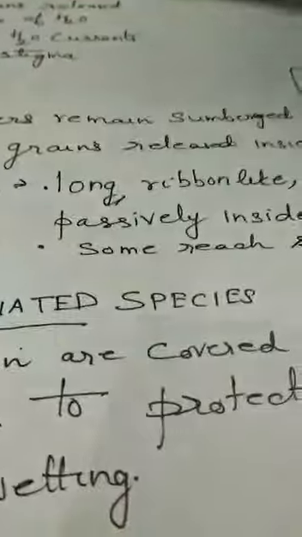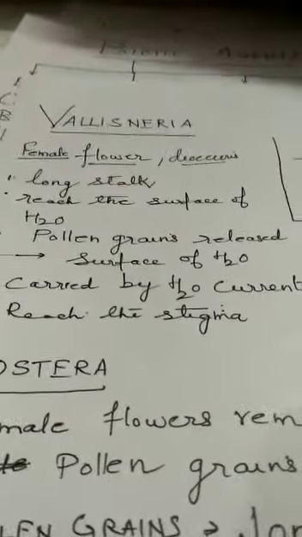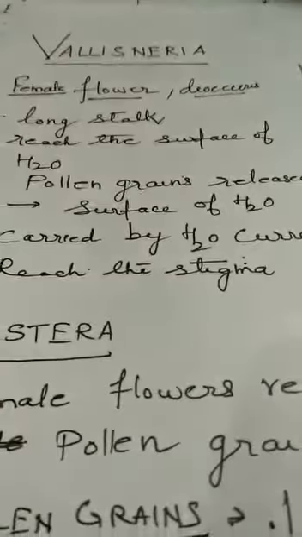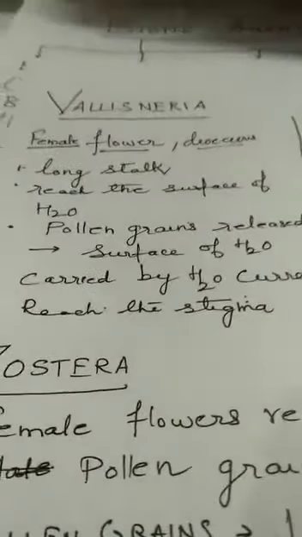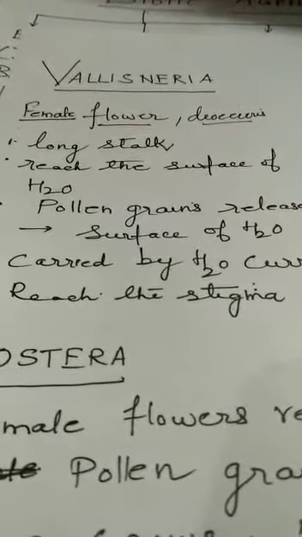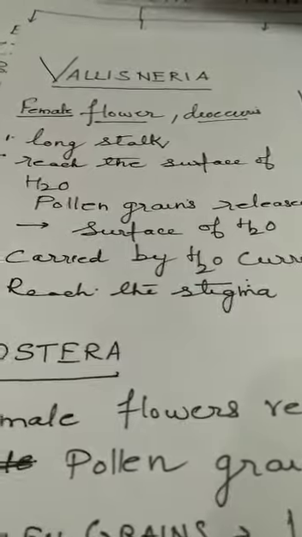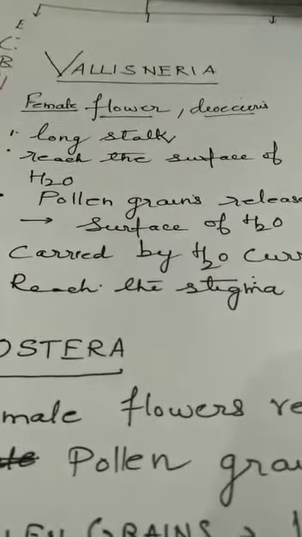Now we will study the special adaptations of these water pollinated plants, how water pollination is carried out. Vallisneria is dioecious, and the female flower has a long stalk.